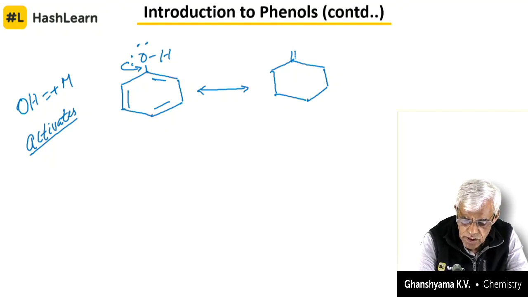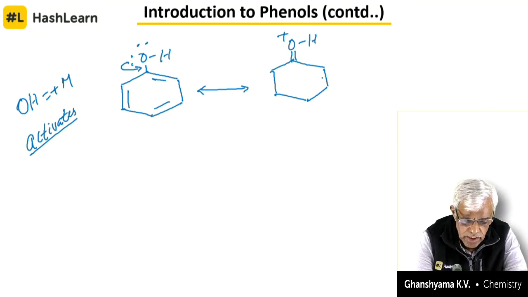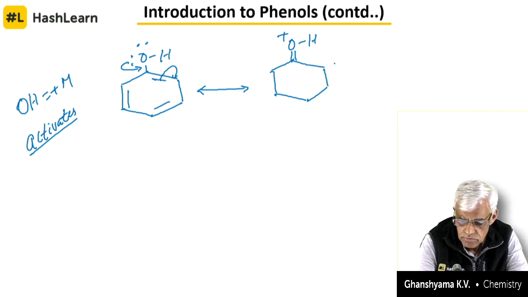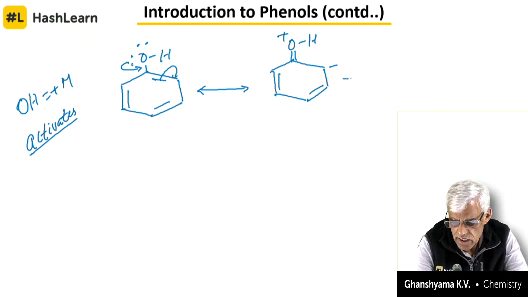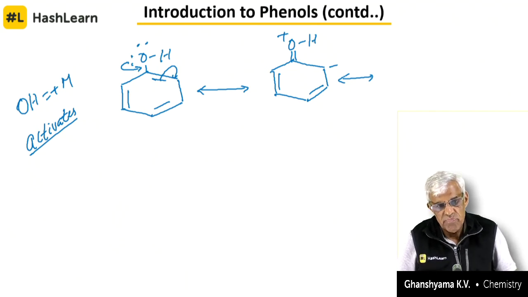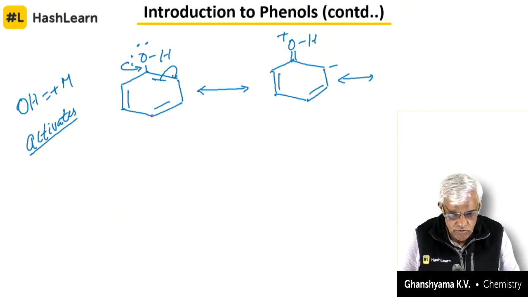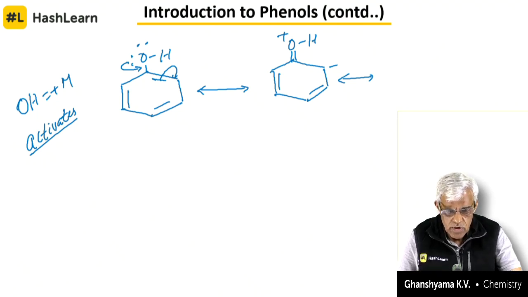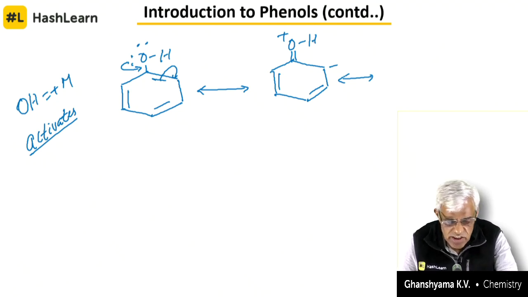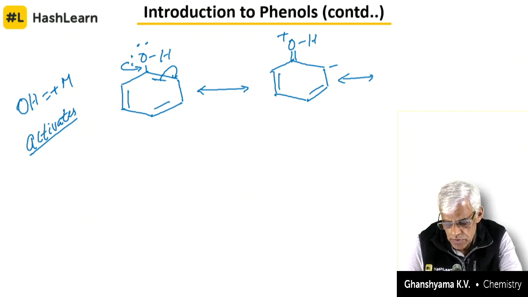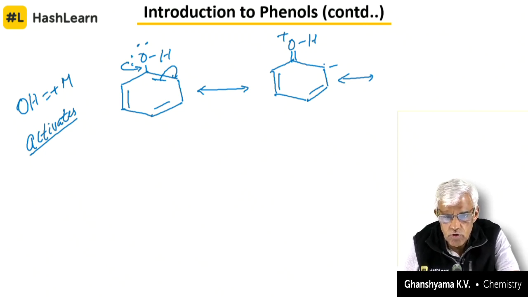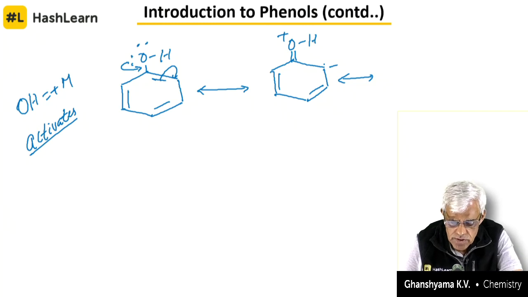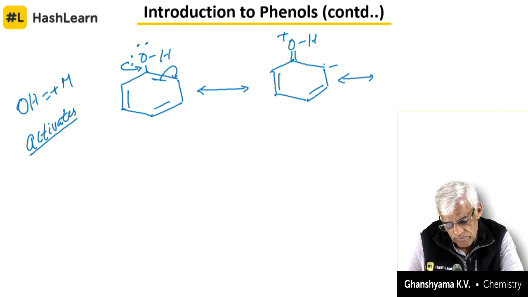So, OH, it becomes O plus H, and then this will move over here. So, minus, and this will continue, which you already know. The ortho and para positions will have negative charge. Yes, Radhika, yes, because of resonance, there will be delocalization of pi electrons. This gives rise to ortho form, in which the ortho position will have excess of electron density.